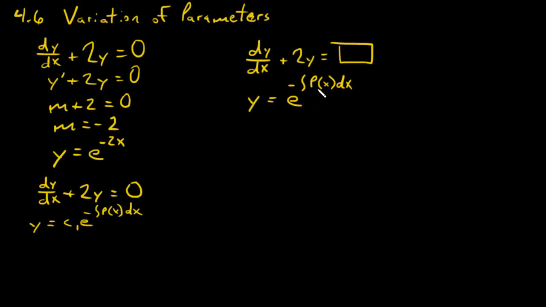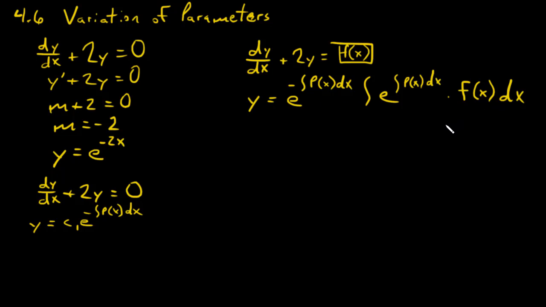This is just 1 over mu times the integral of mu e to the integral of p of x dx times f of x dx. I guess I should fill that in with an f of x since it's just calling it a box. So we would get this thing right here. That's how we would solve it, right?